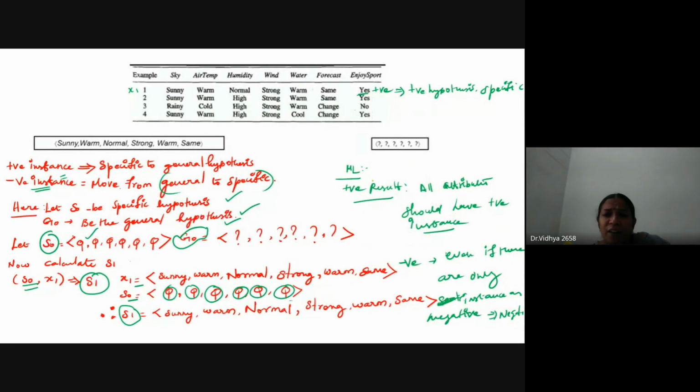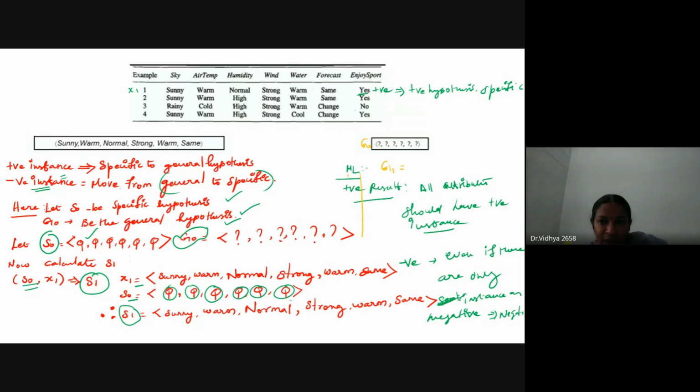At the same time, in terms of your general hypothesis, it should come right from G0 to the current level. Initially we know that G0 is equal to all question marks. Then we are calculating G1, but we have the instance as a positive result.